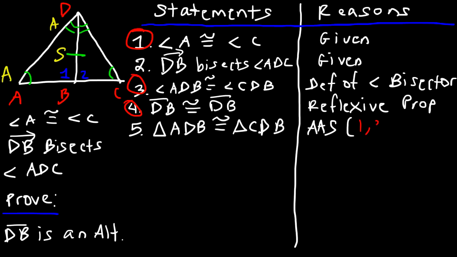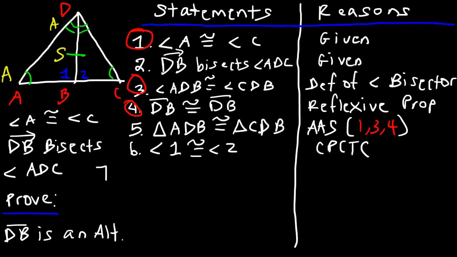And now we can show that these two angles are congruent. So in step 6, we're going to say that angle 1 is congruent to angle 2 based on CPCTC. I don't know if I said that right. Now, number 7, we can conclude that, well, first we need to establish that angle 1 and angle 2 are supplementary.